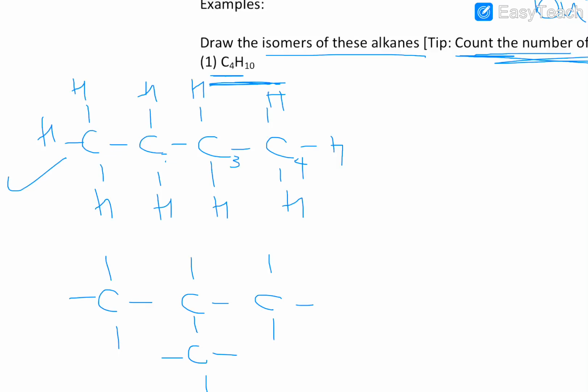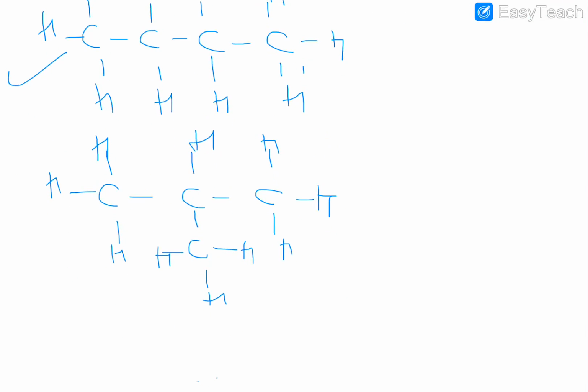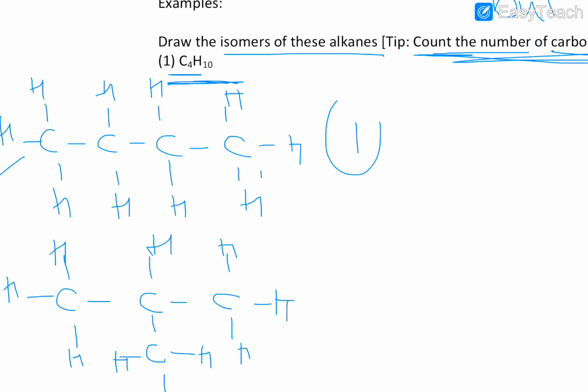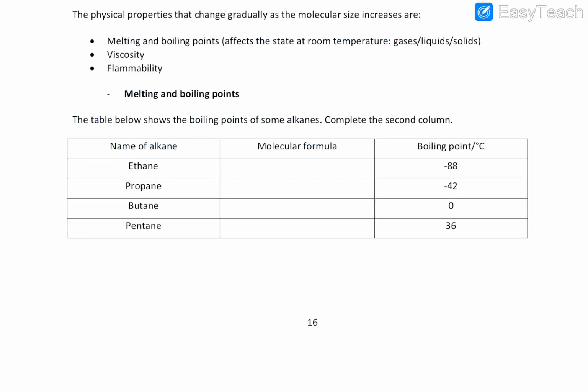Okay, this should go away. Right? So you see they have the same molecular formula. They all have 4 carbons and 10 hydrogen, but they have different arrangement in space. So that's one and that's the second, and they are both alkanes.